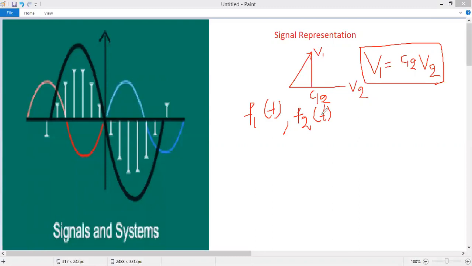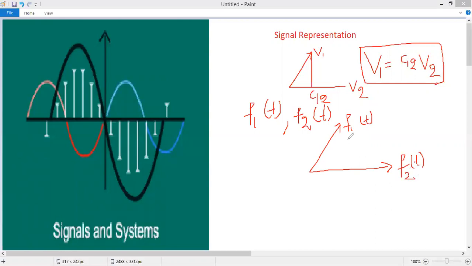I am going to represent the signal f1 in terms of f2. This is my signal f1 and this is my signal f2.